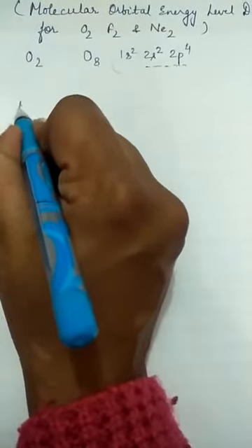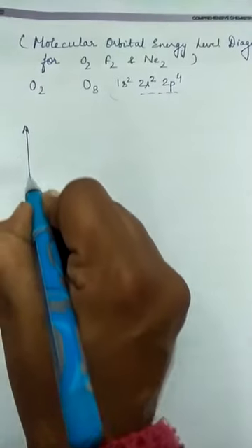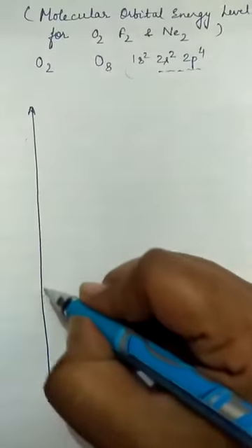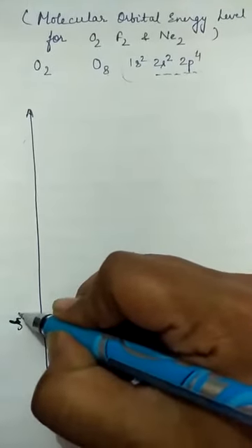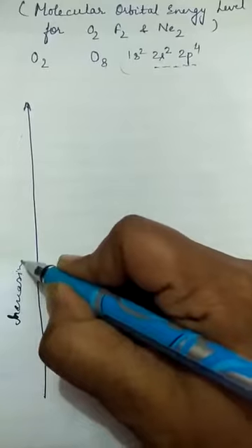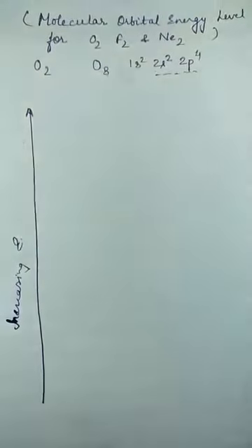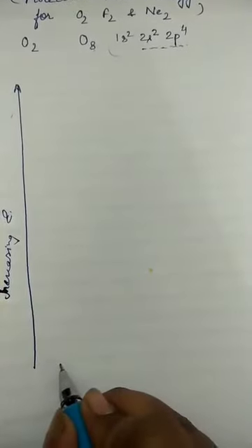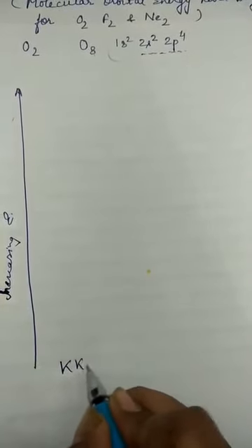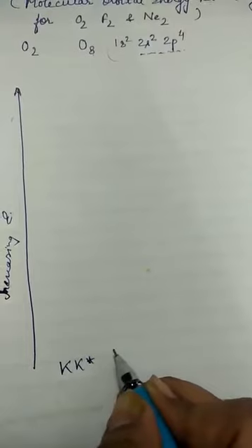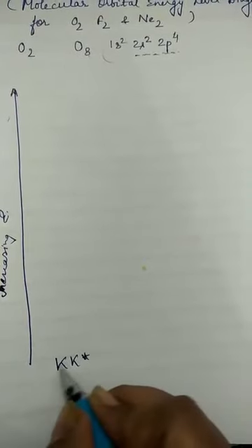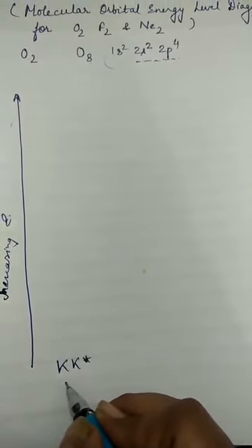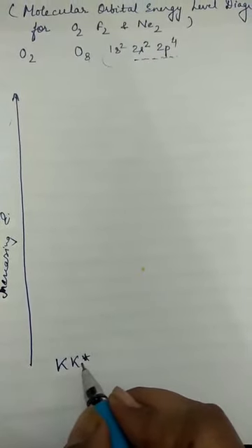So let's see here. This is the increasing energy, right? And at the ground, if we write down KK star, it means that we have written the first shell bonding as well as anti-bonding molecular orbital.